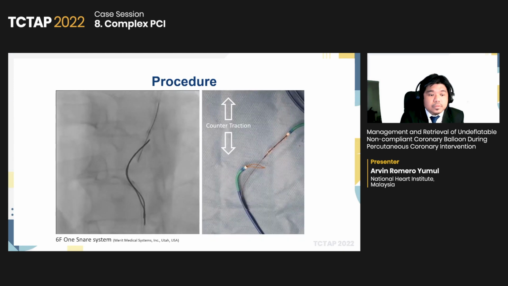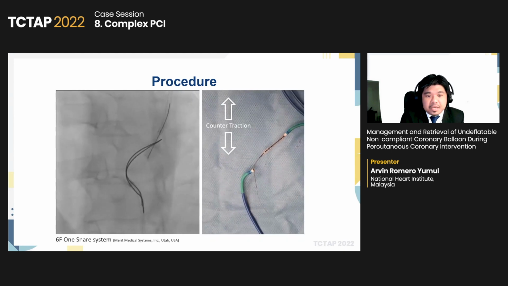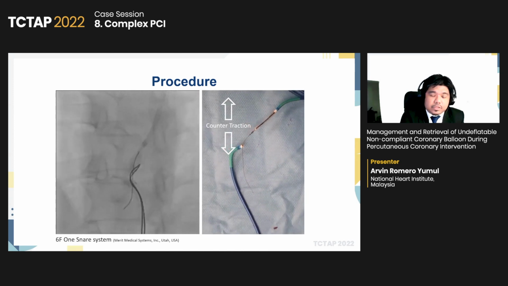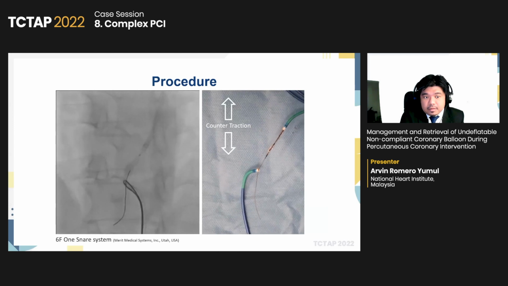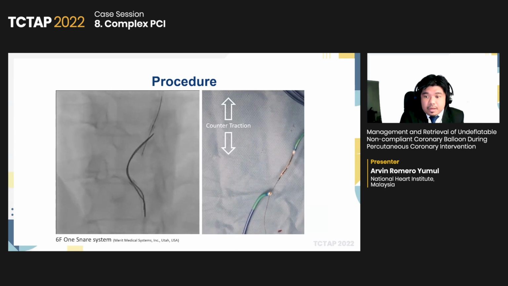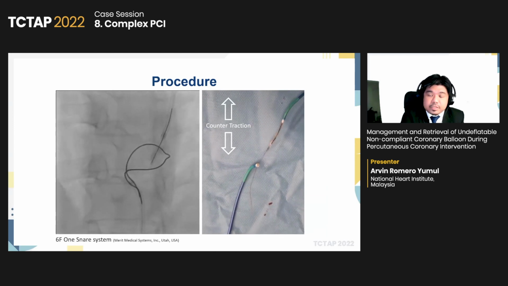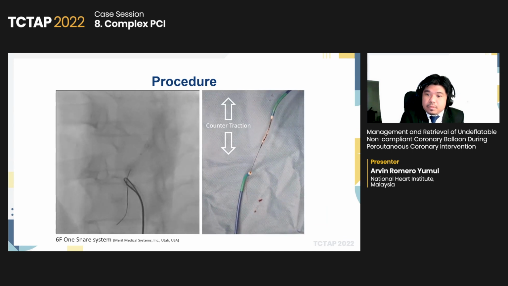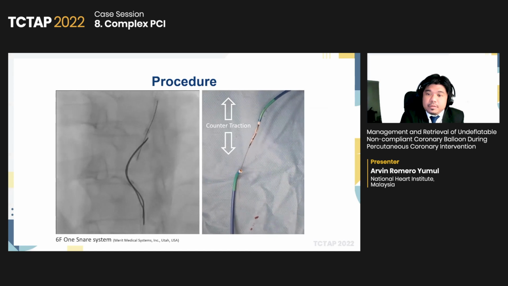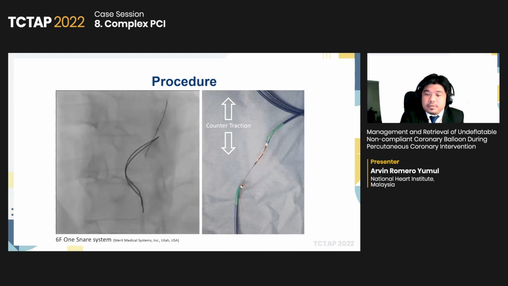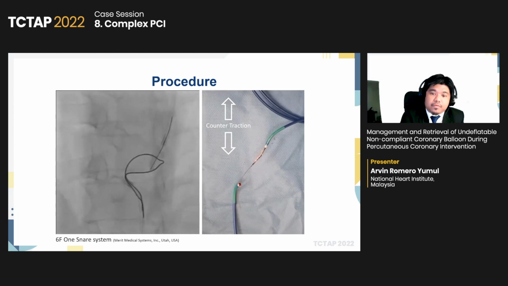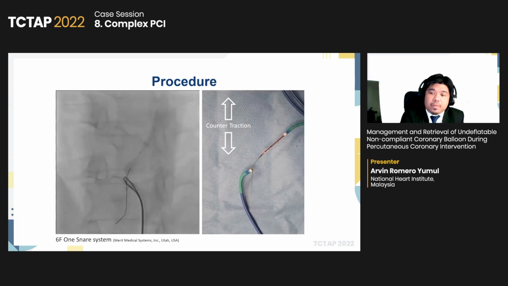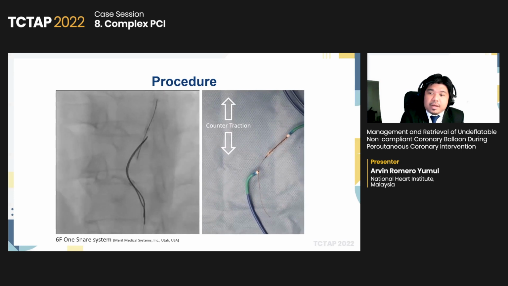So what we did was insert a femoral access and then use a 6 French snare, as you can see here. On the right of your screen is the in vitro demonstration of the technique that we used to provide counter traction, so we could straighten the deformed balloon and pull it back into the catheter.